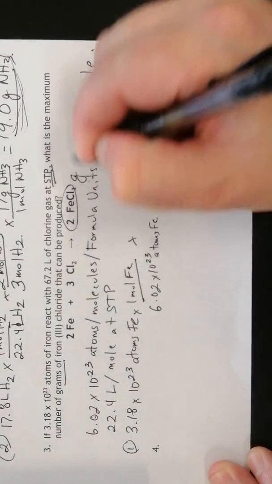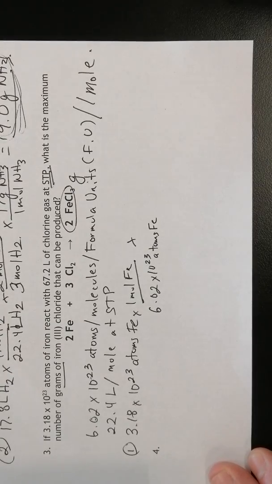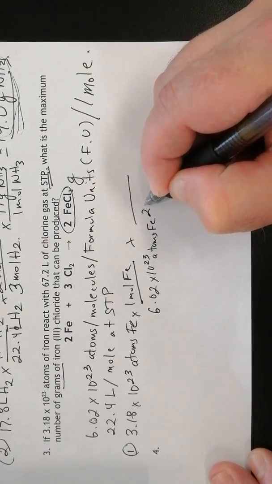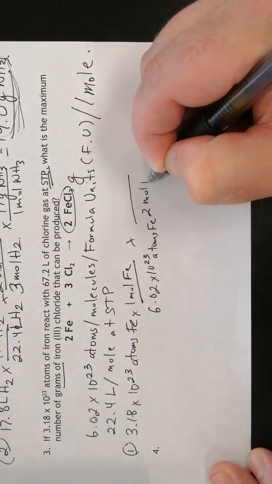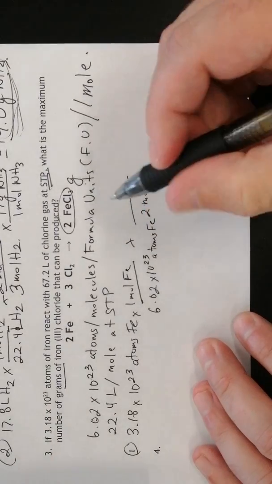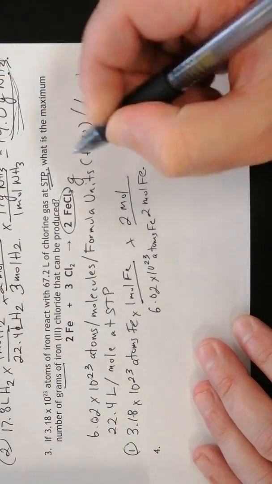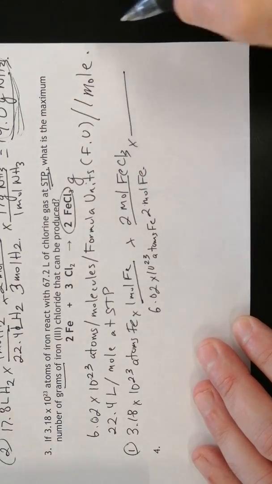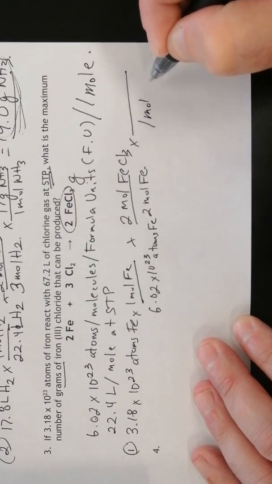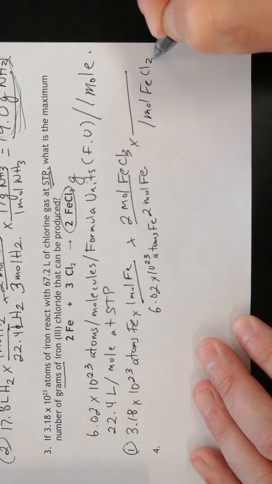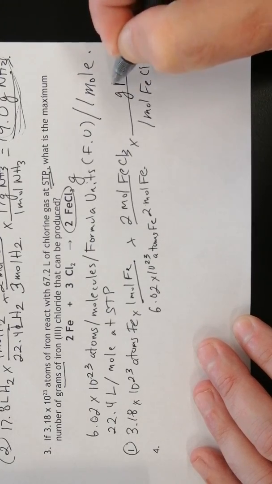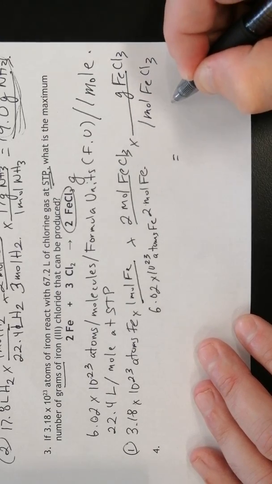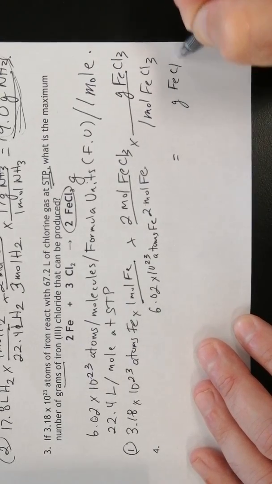Remember, I want it in grams. So now I want to cancel off. I've got 2 moles iron and 2 moles iron 3 chloride, and I want it in grams. 1 mole iron 3 chloride has this many grams of iron 3 chloride. That's going to give me an answer in grams of iron 3 chloride.